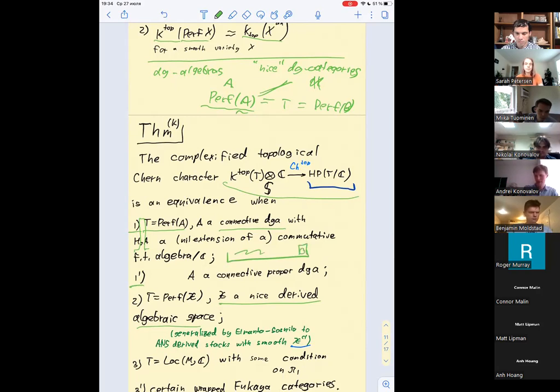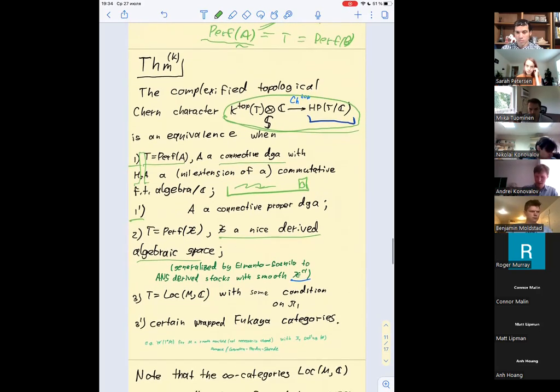Whenever you have a thing like this, you know the statement about integral structure on HP, and this again covers a lot of dg categories coming from, for example, group algebras.